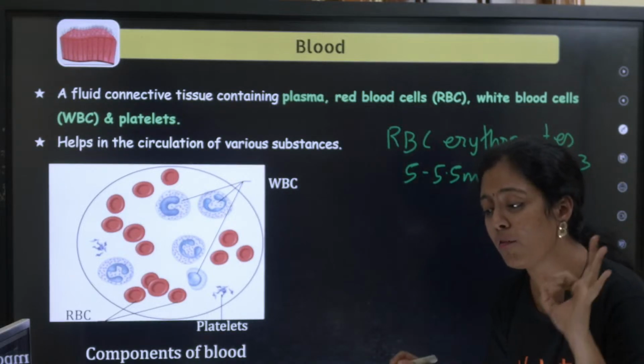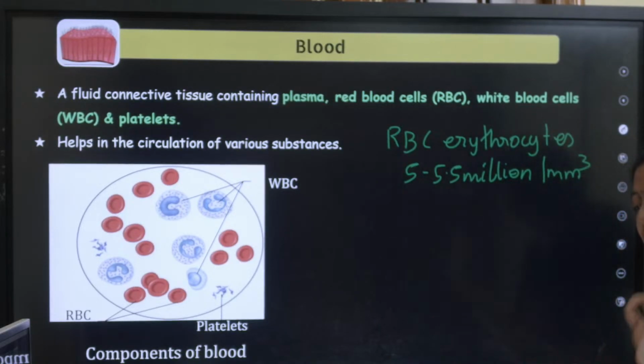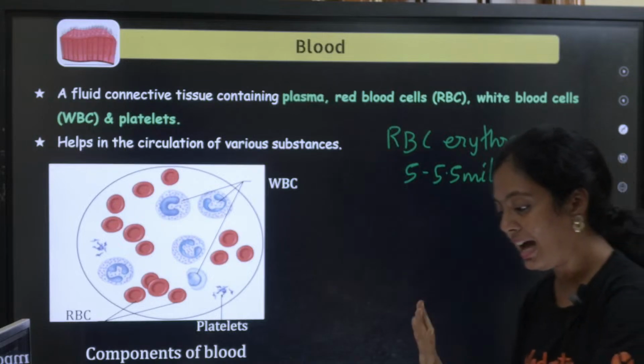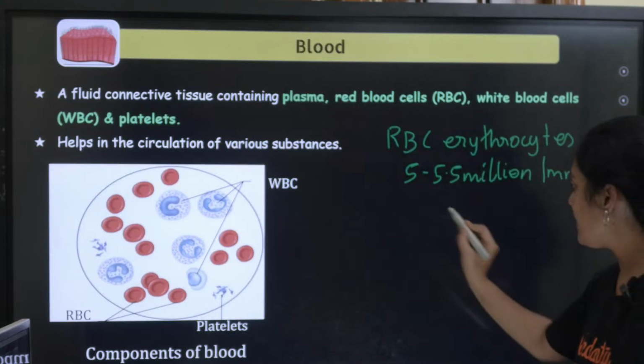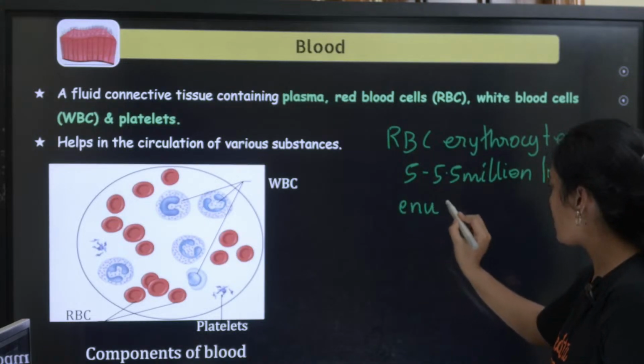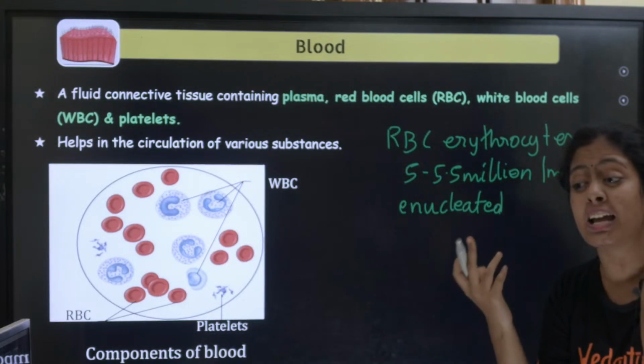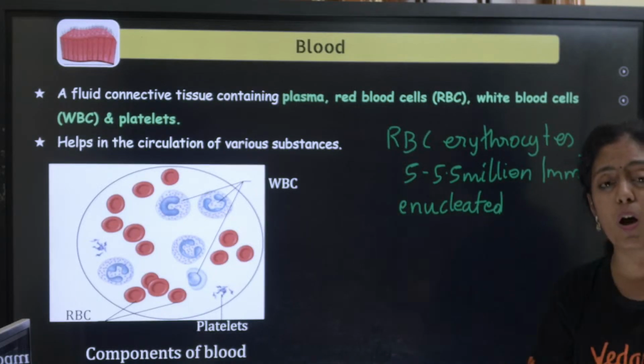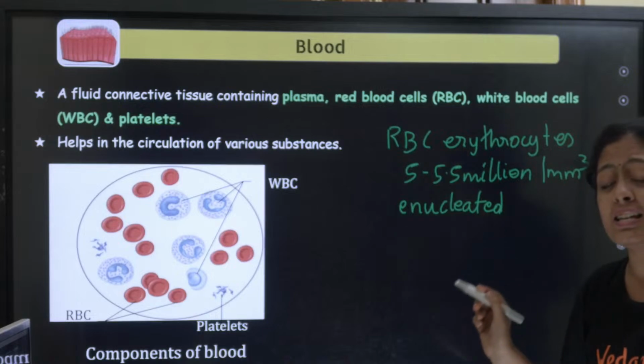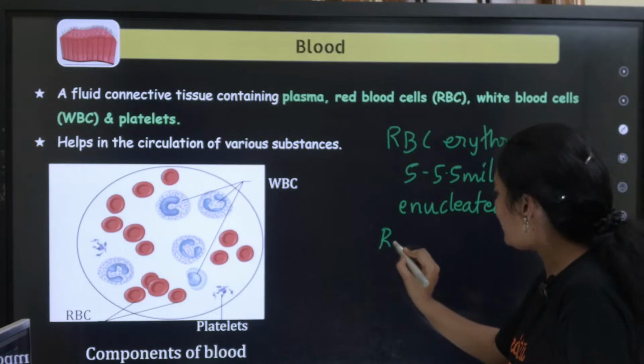Every mm cube of blood has 5 to 5.5 million RBC. Another interesting thing is that it is enucleated. It does not have a nucleus, and this RBC is red in color.